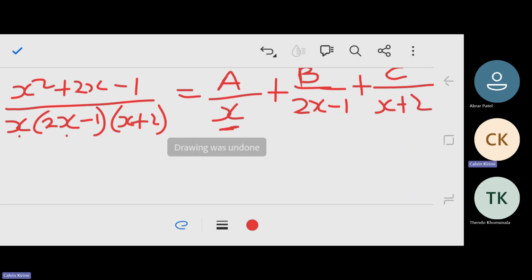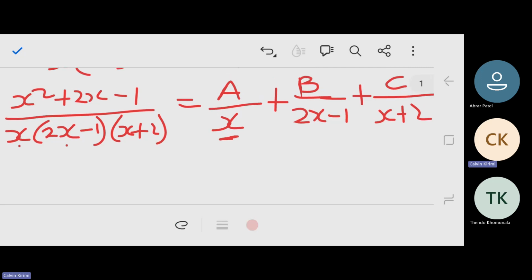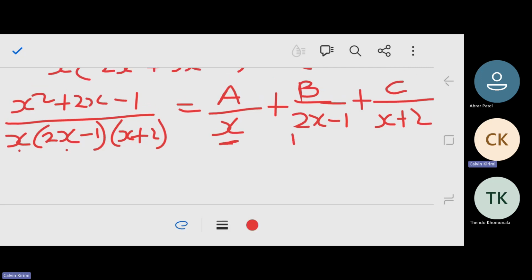And also the denominator 2x minus 1 goes into this expression how many times? This will cancel, it goes x by that. And then this expression goes into this expression and you cancel that. That is the remaining.